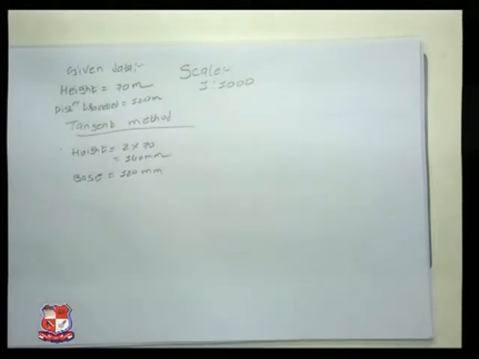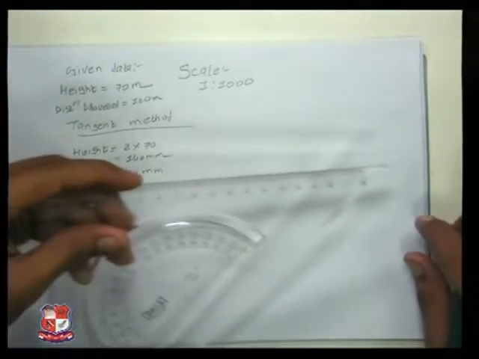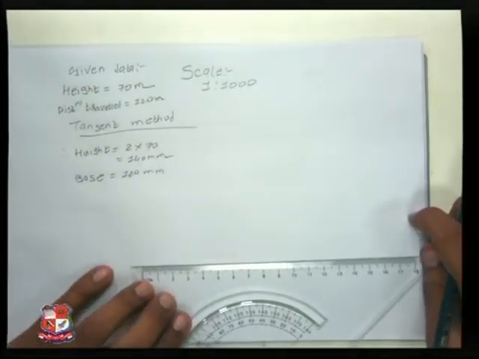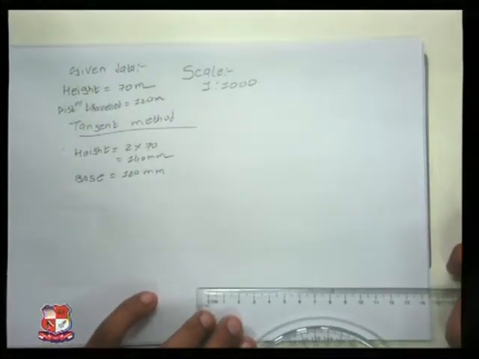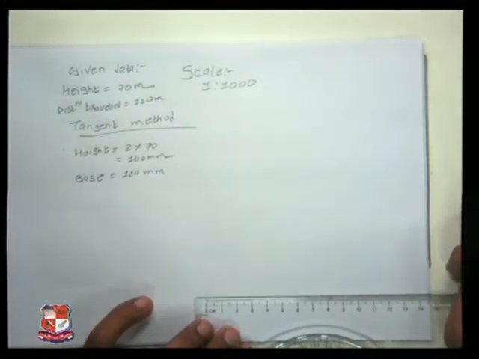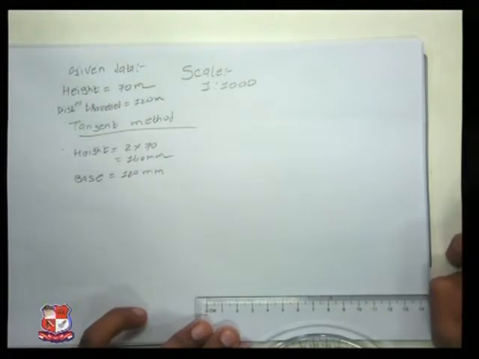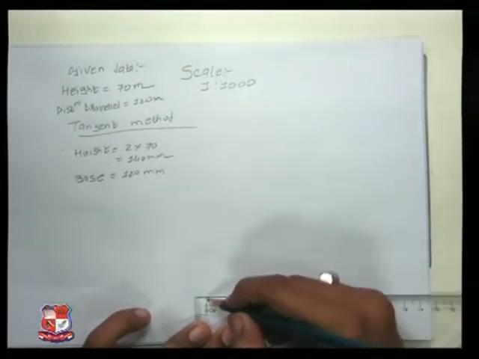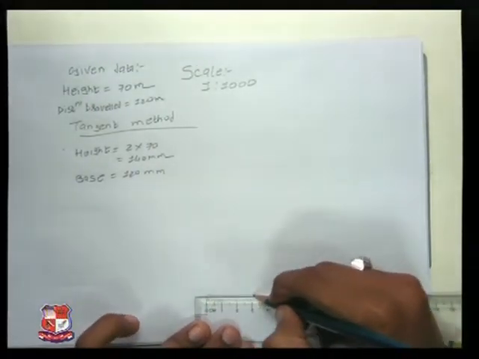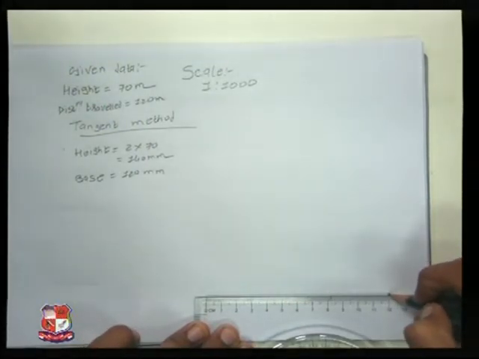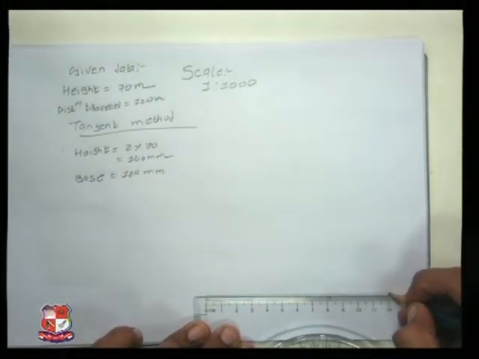For the tangent method or rectangle method, the base would be the same. First of all, we need to draw the base. The base is given as 120, which means that we need to draw a horizontal line of 120 mm.